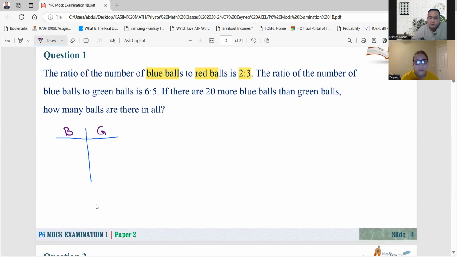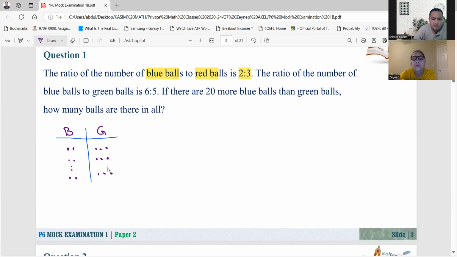If I make a group of 2 balls here, for every 2 balls I have 3 green balls. Again, if I make another 2 balls, I have 3 balls. Continue. I have again 2 balls here and 3 balls here. For every 2 blue balls, we have 3 green balls. The ratio means this. You're just grouping them.